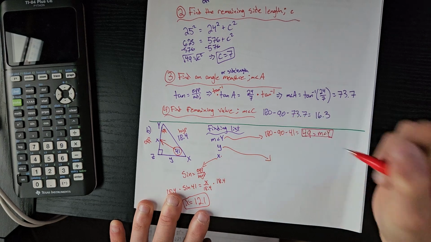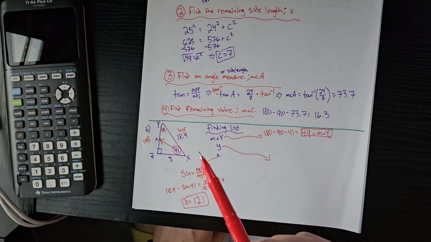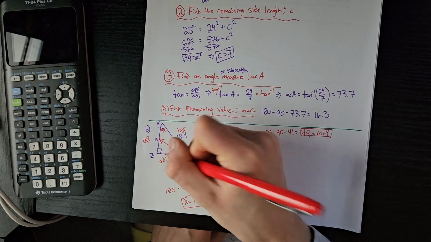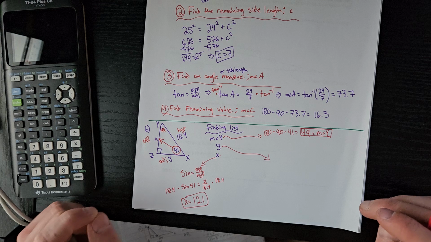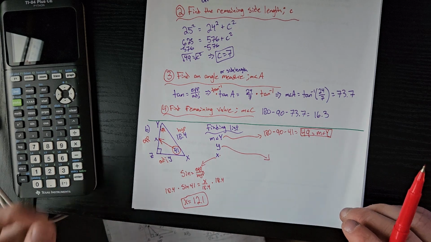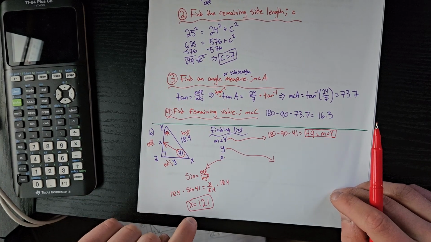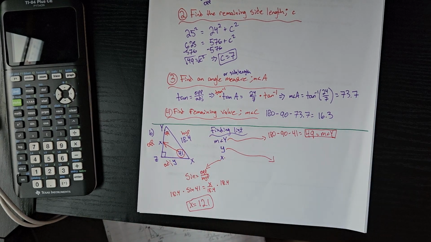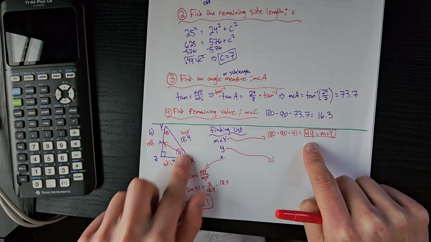That means y is our last one. Since I already have labeling for x and the hypotenuse, I'm going to just label the y as adjacent and use 41. Also, I'm going to say this right now. When we are finding missing values, like since I found this x, I would recommend not using what you have found in your other solutions, which is why I am not using this measurement of 49 in finding all of these solutions.